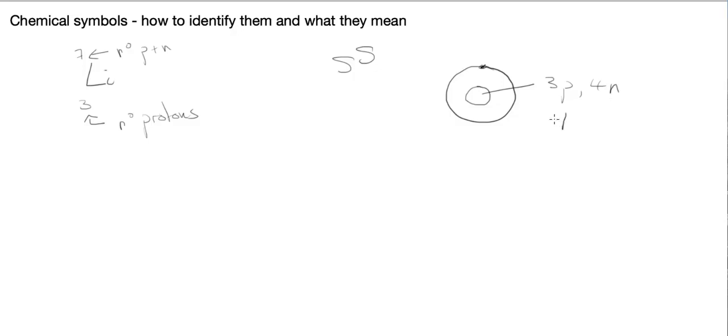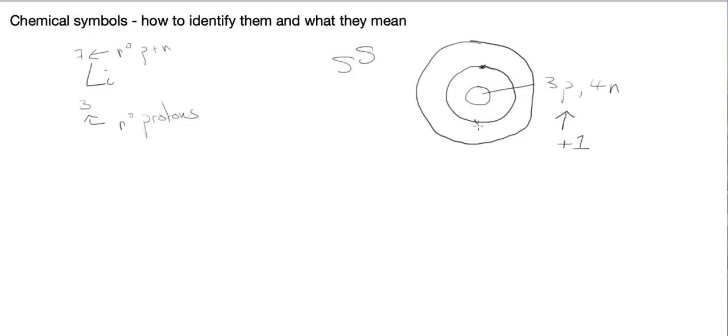Each of these protons has a positive charge, +1. Atoms are neutral. They have no overall charge, which means that lithium has to have 3 negative charges to offset the 3 positive in the nucleus, and they are in the electrons orbiting around the nucleus.